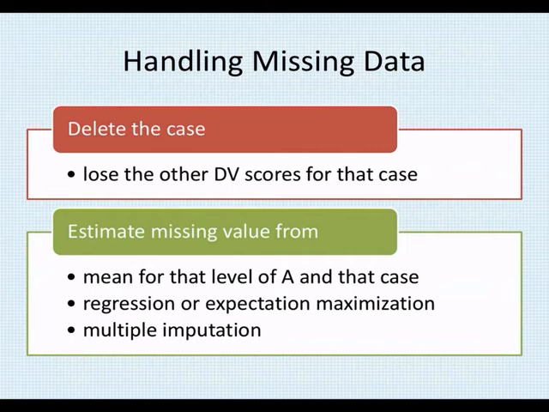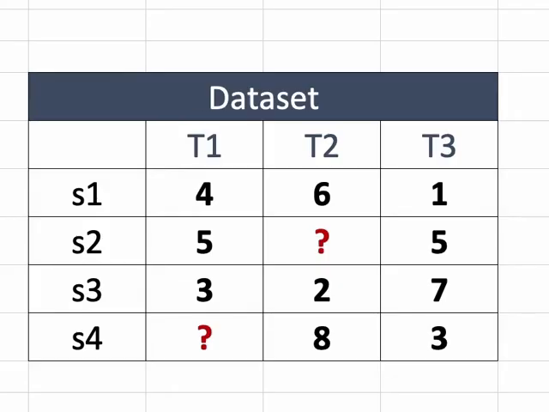For example, if this was a data set, and let's say this is 4, 5, 3, missing, 6, missing, 2, 8, 1, 5, 7, 3.